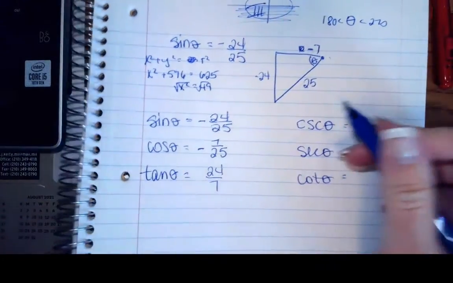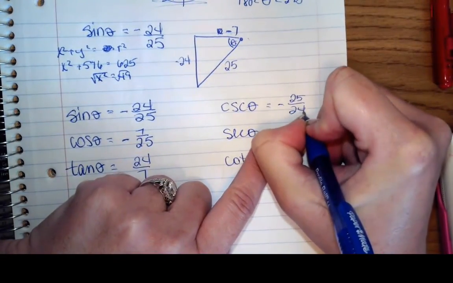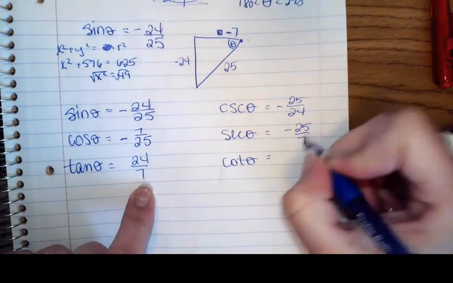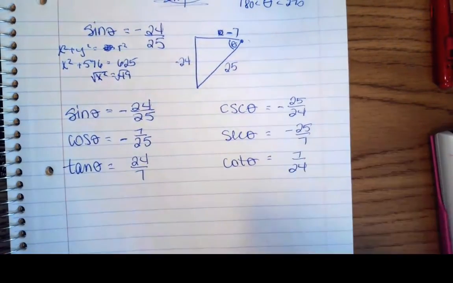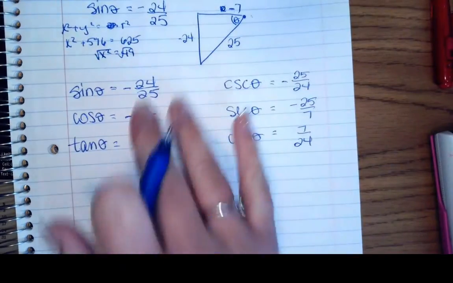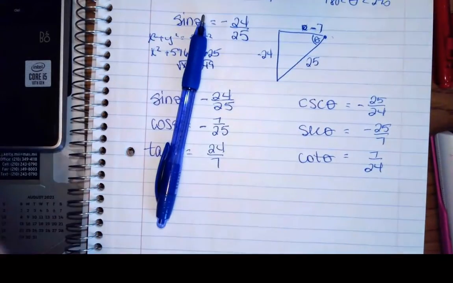Cosecant is the reciprocal, so I get negative 25 over 24. Secant is the reciprocal, so negative 25 over 7, and cotangent is 7/24. So that is the importance of knowing which quadrant you are in, because it will have an effect on the positives and negatives that you're working with. So that is it for 7.4, and I'll see you for 7.5.